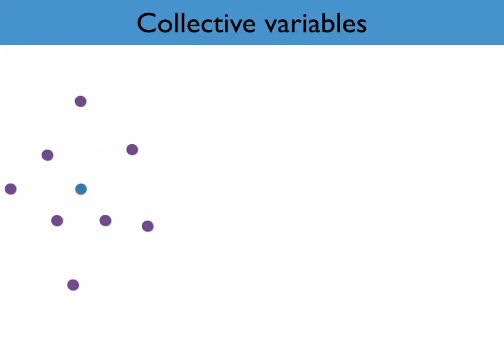Let's now consider something slightly different. This figure shows once again the positions of a set of atoms or molecules. In the video on Steinhardt parameters, we learned that we could calculate a vector quantity, the Q6 vector, for one of the atoms.